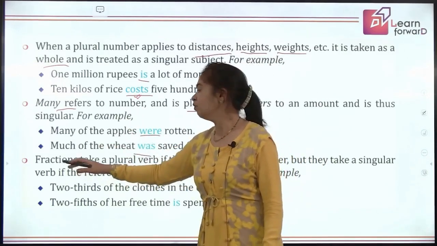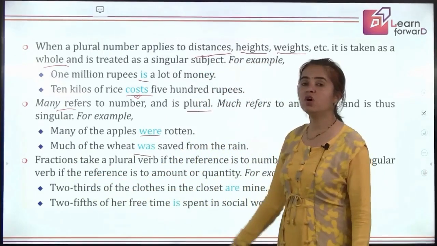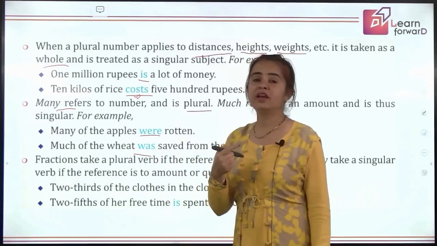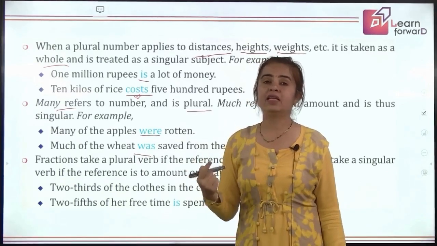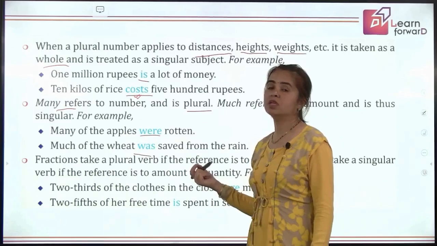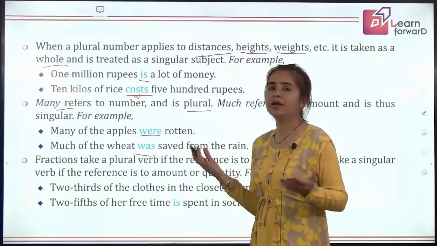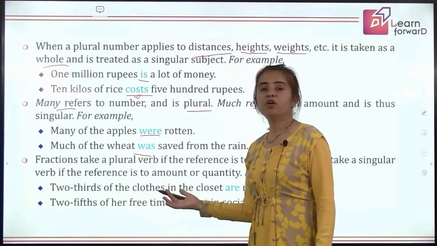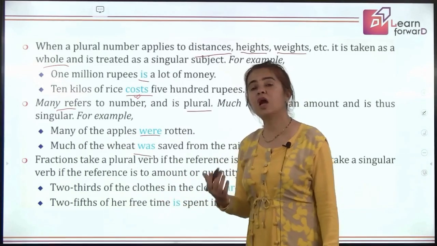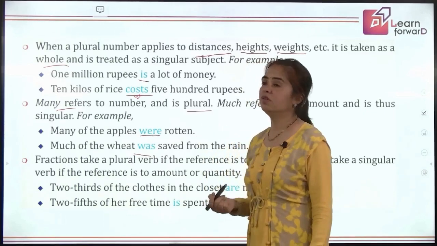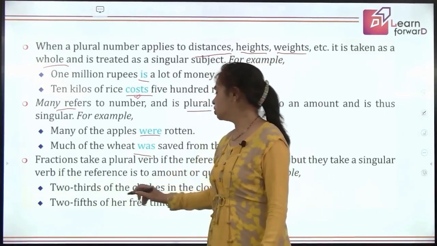Going ahead, fractions. When we talk of fractions in reference to some quantity, then we take it as singular and we will be using a singular verb there because the quantity cannot be counted, right? But when we talk about a fraction in terms of something which is countable, something in number, then we take a plural verb with it, like 2/3 of the clothes.